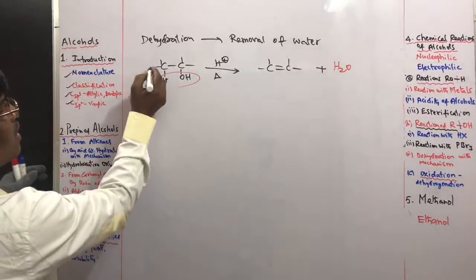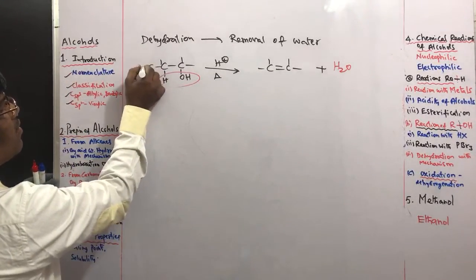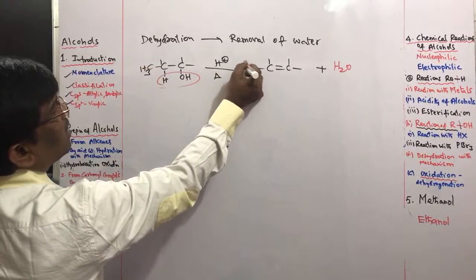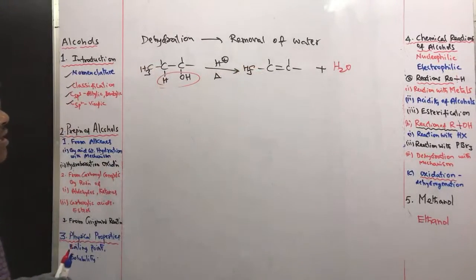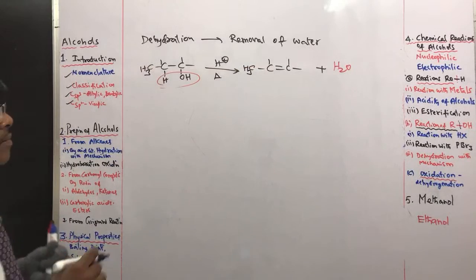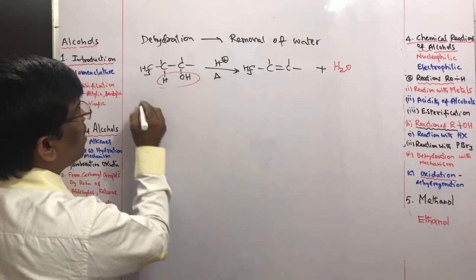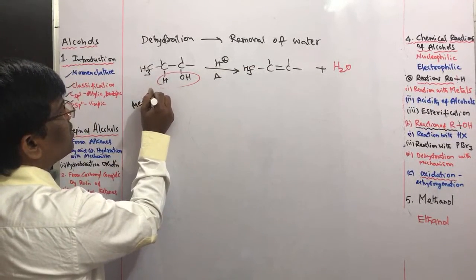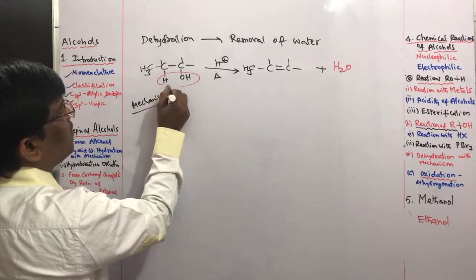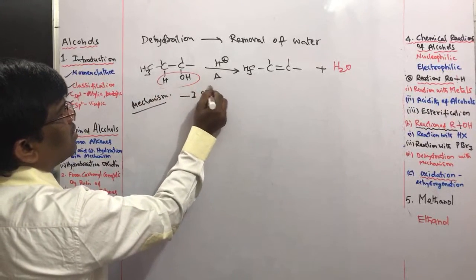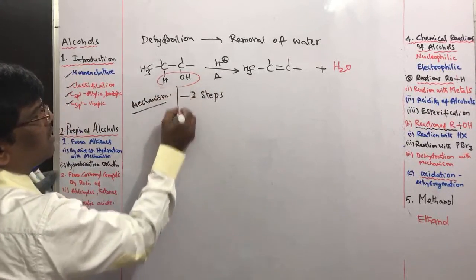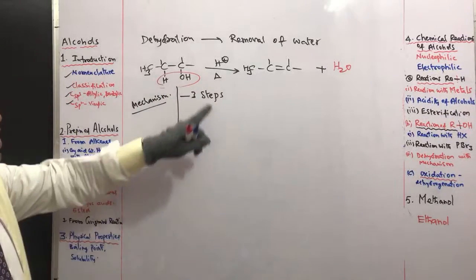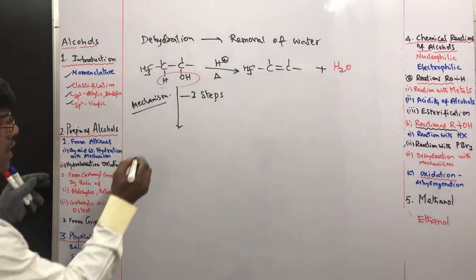Let me write methyl here. What is there? Methyl, and here also methyl. The mechanism involves three steps. The first step is protonation of the alcohol.